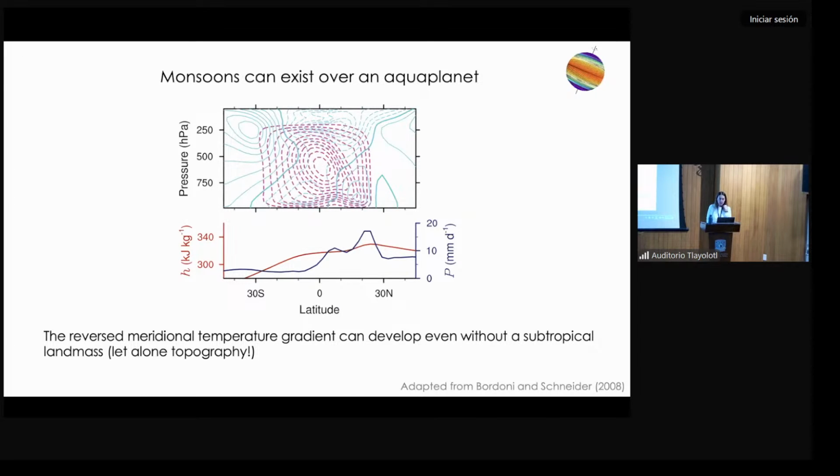So in this case, because we are not limited in terms of moisture supply from the surface, this reversed gradient in the moist static energy patterns of course coincides with a reversed gradient in the temperature patterns. And let me emphasize how we can build this reversed meridional temperature gradient, considered one of the hallmarks of the development of the Indian monsoon, even without any subtropical landmass, let alone topography.